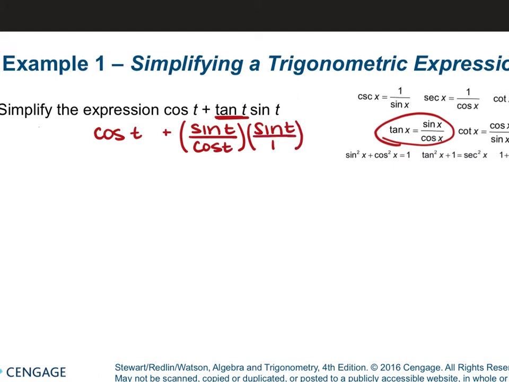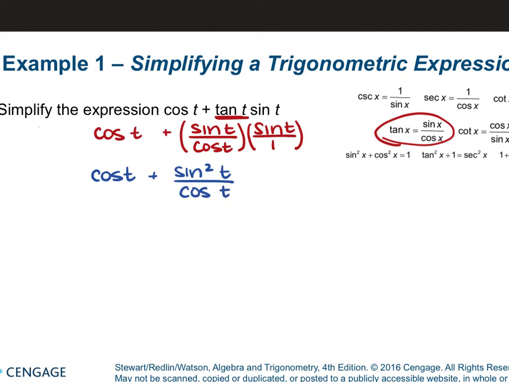Now from here we can multiply sine t over cosine t times sine t over 1, and we are left with cosine t plus sine squared t over cosine t.